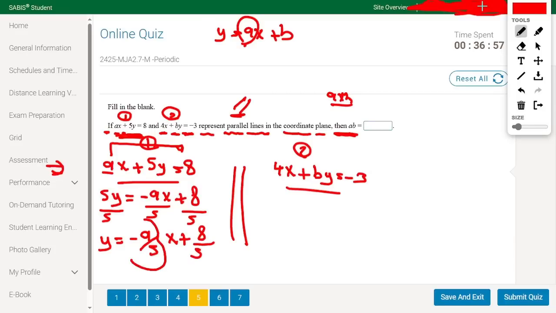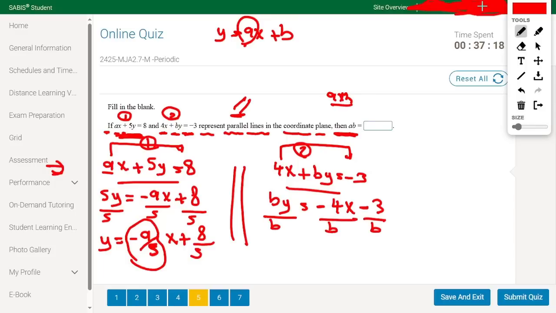So the slope here will be minus a over 5. Now for the second line, we have by equals minus 4x minus 3. 4x will go to the other side with minus, so divide by b, divide by b, divide by b. So y will equal minus 4 over b x minus 3 over b.